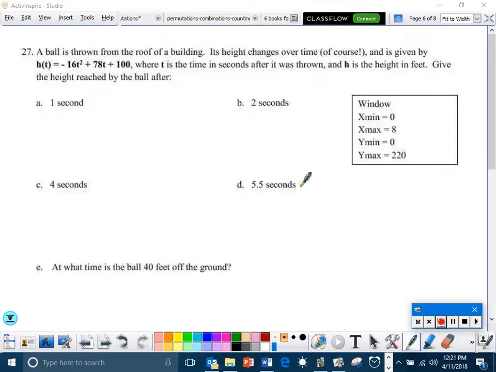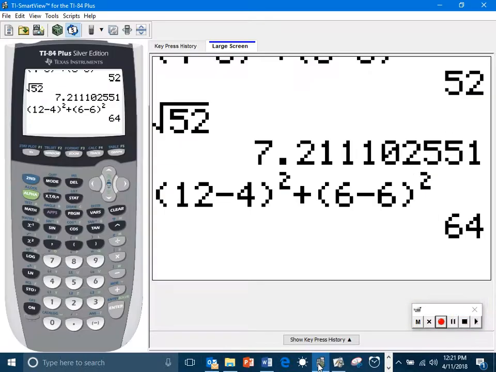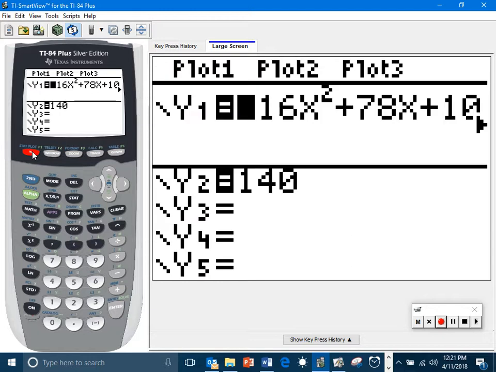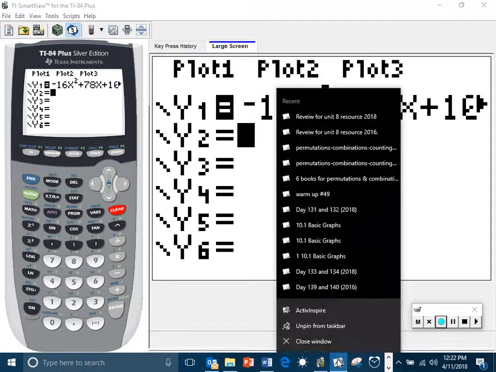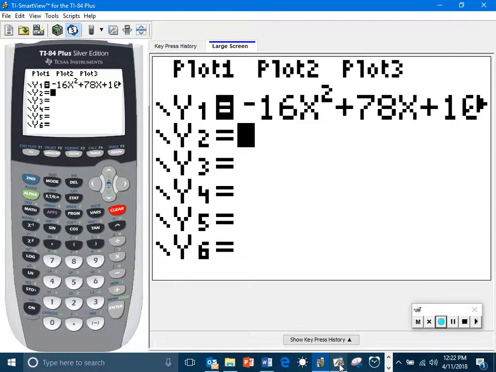All right, so first thing we're going to do is type it into our y equals. Negative 16x squared plus 78x plus 100. Then the next thing we need to do is change our window.